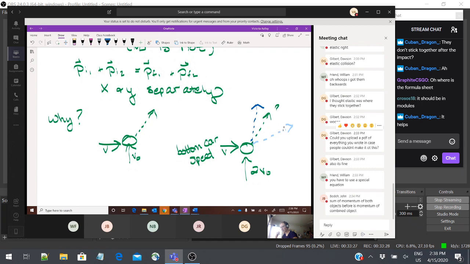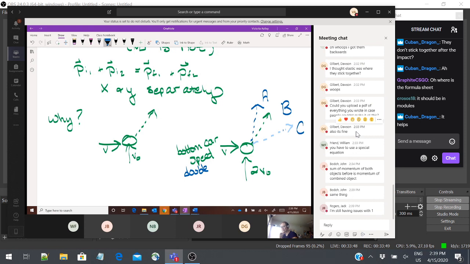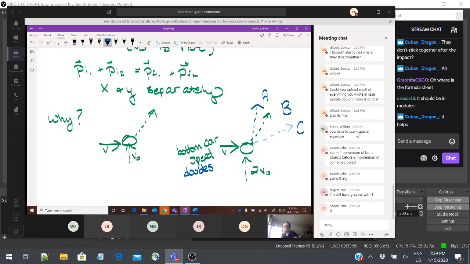I'll give you a hint. It's not the curved path. I'm going to call this A, B, and C. Tell me which of these is probably more likely if you double the speed of the car going north.